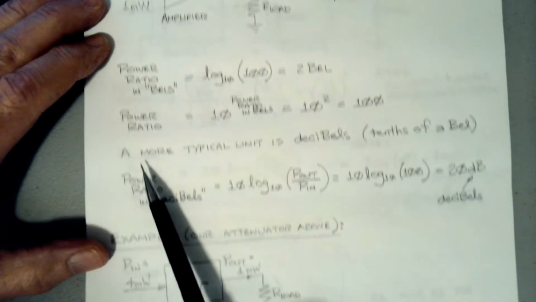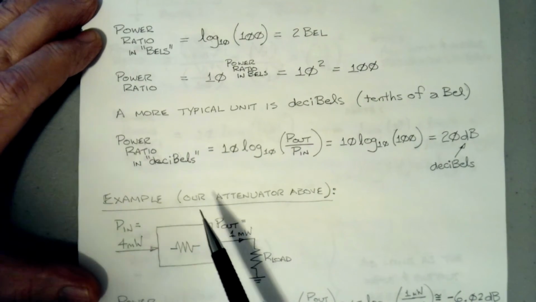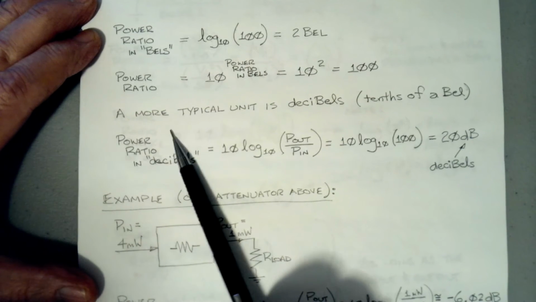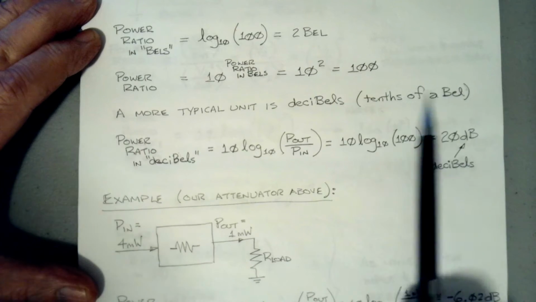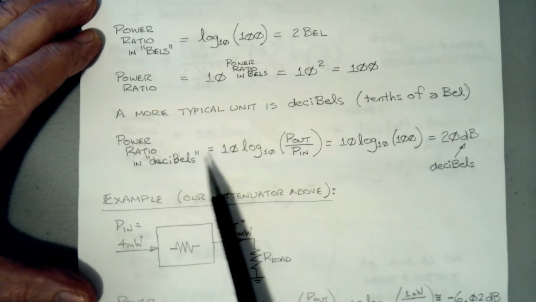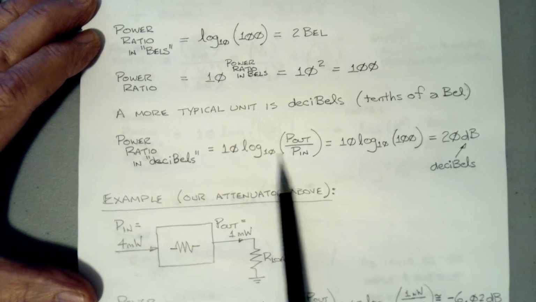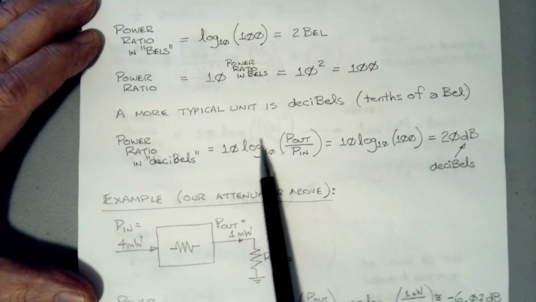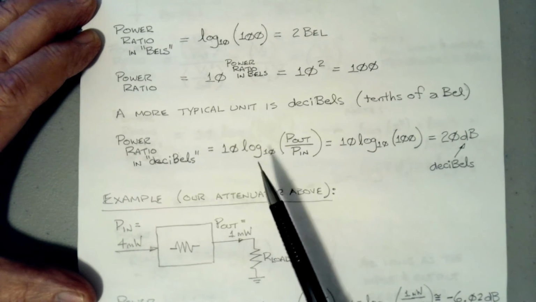A more typical unit, though, is decibels, because we'd actually like to work in between just powers of 10. So they came up with this unit called the decibel, and there are 10 decibels in 1 Bel, or a decibel is a tenth of a Bel. So the power ratio in decibels is 10 times the power ratio in Bels.